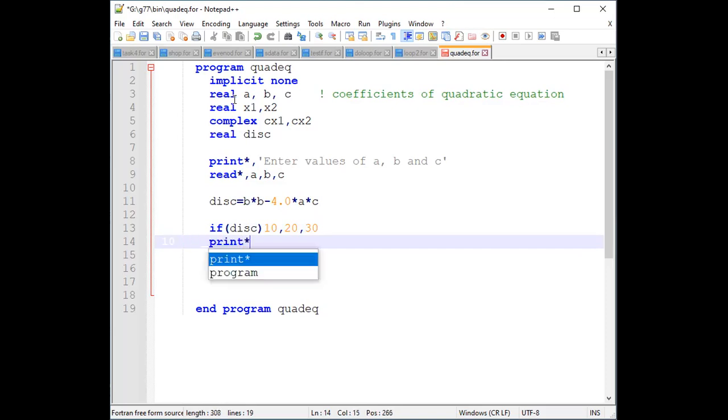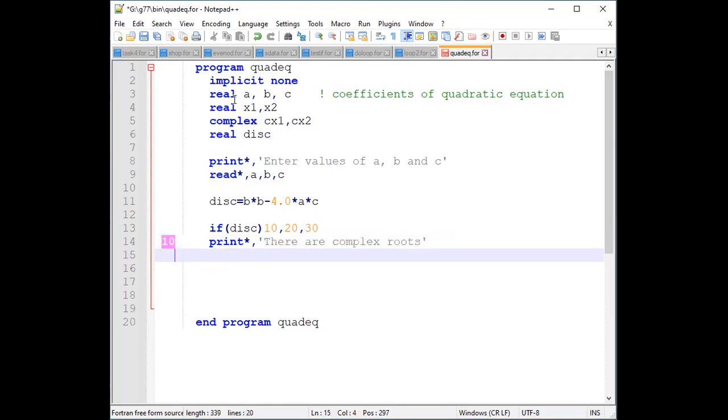So I would start writing print, there are complex roots, right? So now let's compute the roots. CX1, right? There is going to be a real part and an imaginary part. We know how to define the complex numbers.